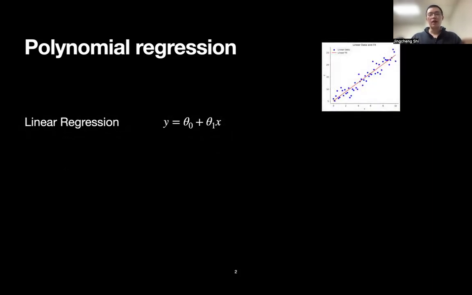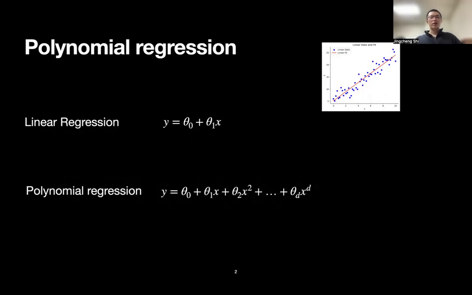So it's linear. But sometimes the relationship between our input x and output neural response y is not that simple. It could be complicated. In this case, we can use an updated version of linear regression, adding a slight change to this equation, which is polynomial regression.